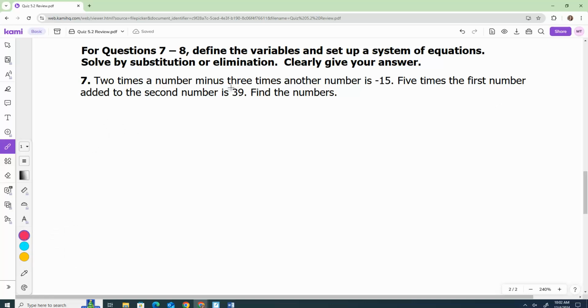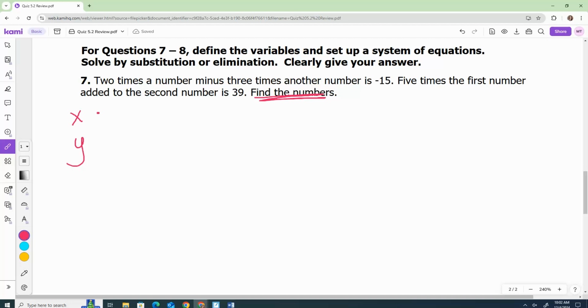2 times a number minus 3 times another number is negative 15. 5 times the first number added to the second is 39. Find the numbers. What are the things I need? Just the numbers. Now, defining your variables, that is not just writing x and y. That does not earn you any credit. You have to tell me what x and y are.